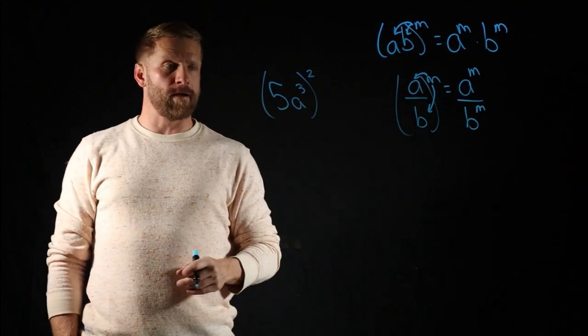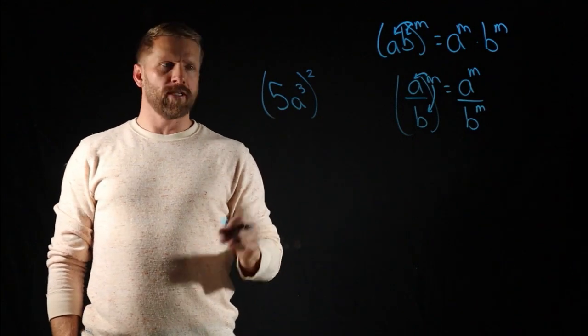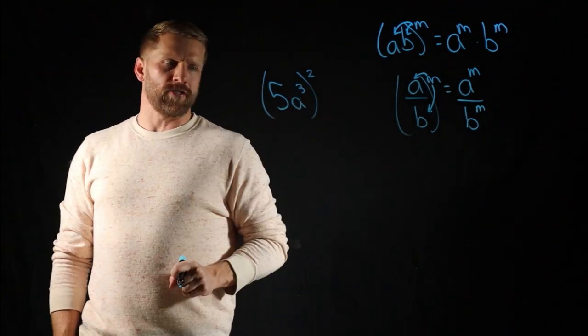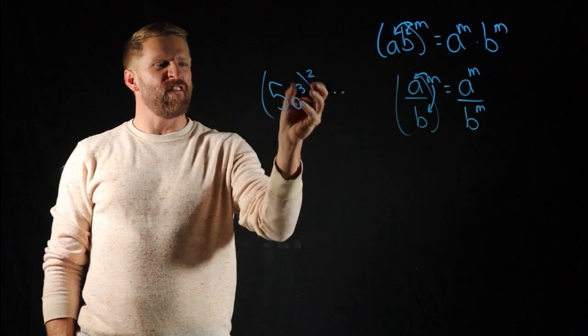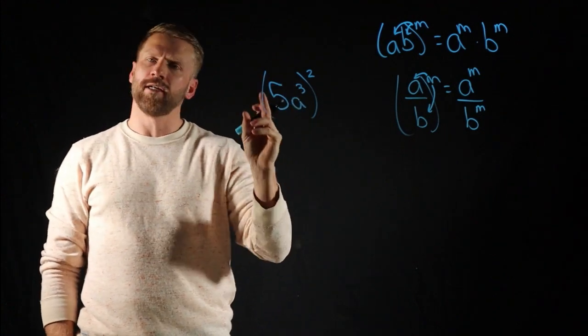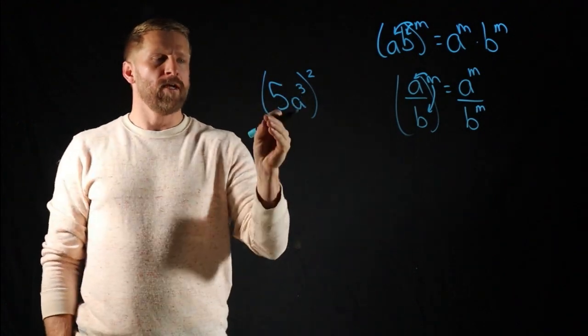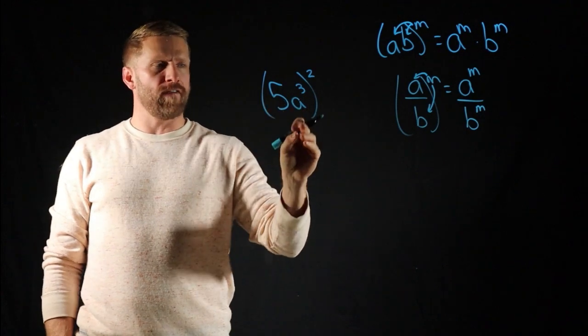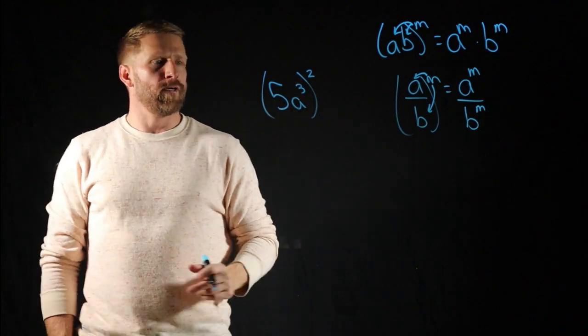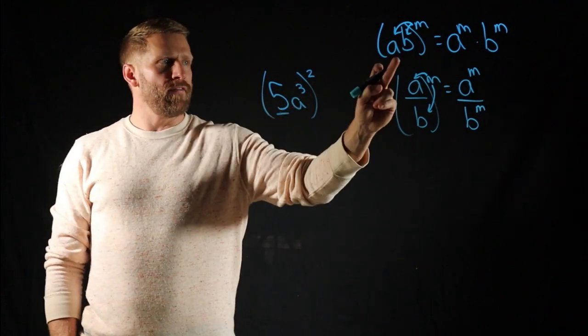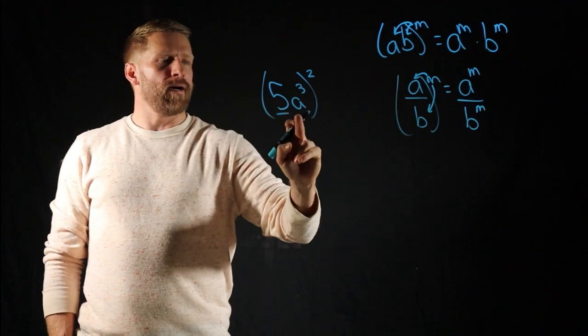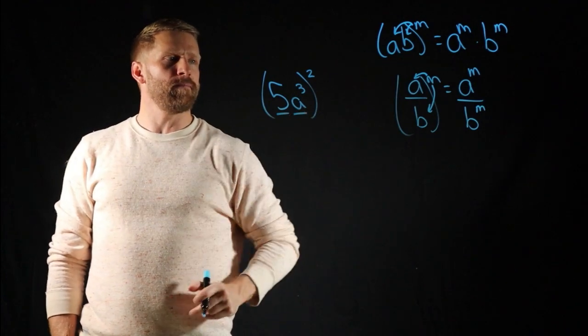Okay, in this first example, I have 5a cubed, all squared. Now, just the a is cubed. I see some students struggle, thinking 5a is cubed in this situation. No, just the a is cubed. Then I have that whole base of 5a cubed to the power of 2. Now I can treat my 5 as my a value and my a cubed as my b value.